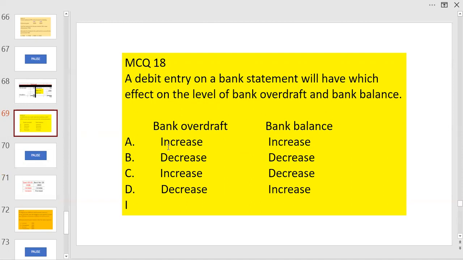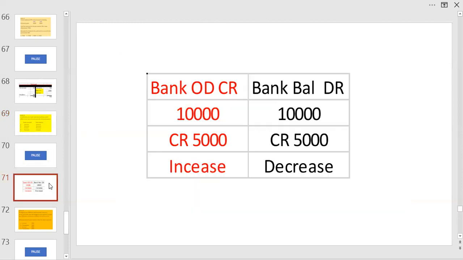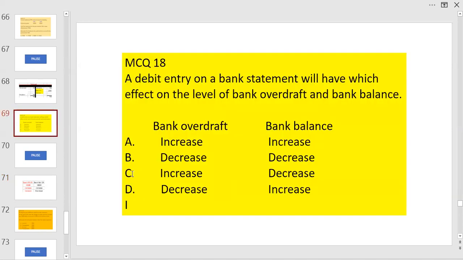Now, in our answers, it is increase in the OD, decrease in the balance. So all other answers will not be chosen. So increase in the overdraft, decrease in the bank balance is the answer, as it is shown here.